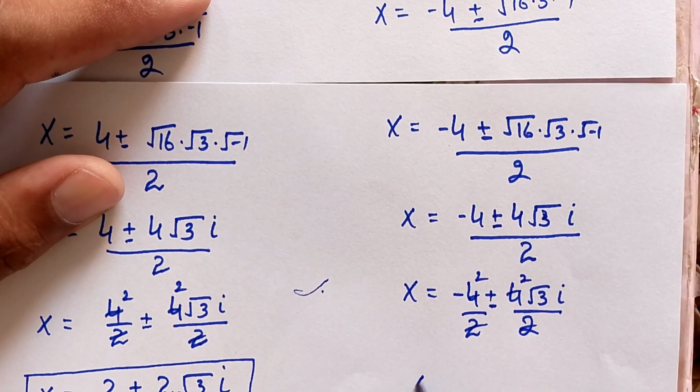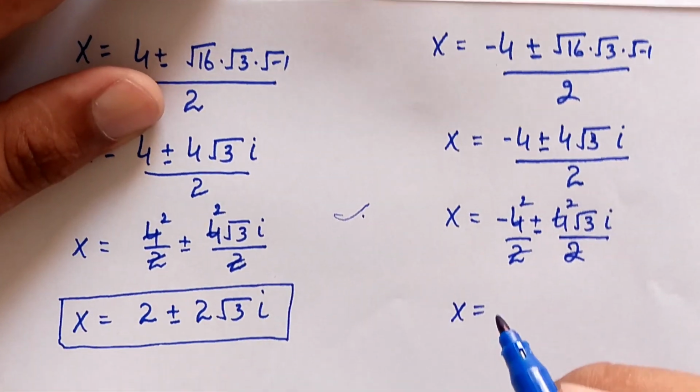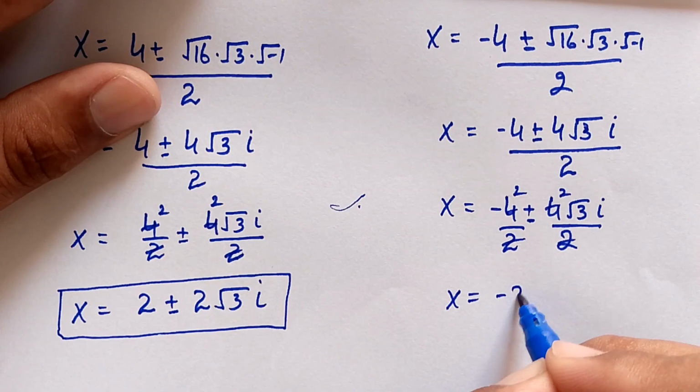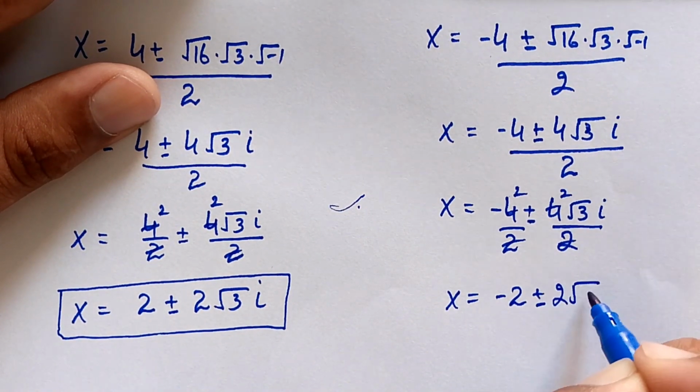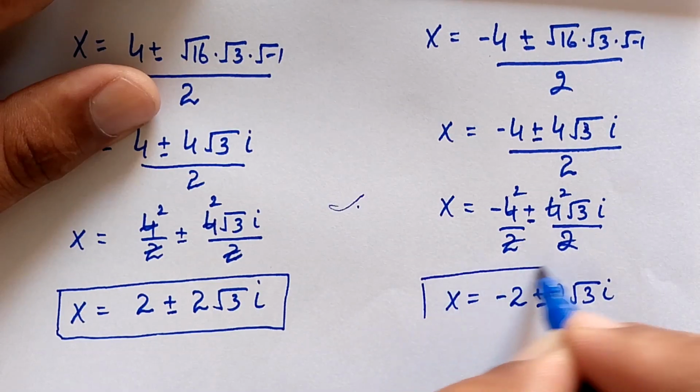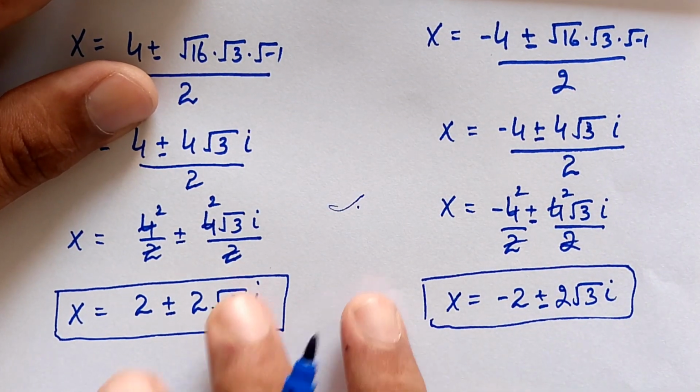So here x is equal to minus 2 plus minus 2 square root of 3i. So this is the second complex solution of this interesting question.